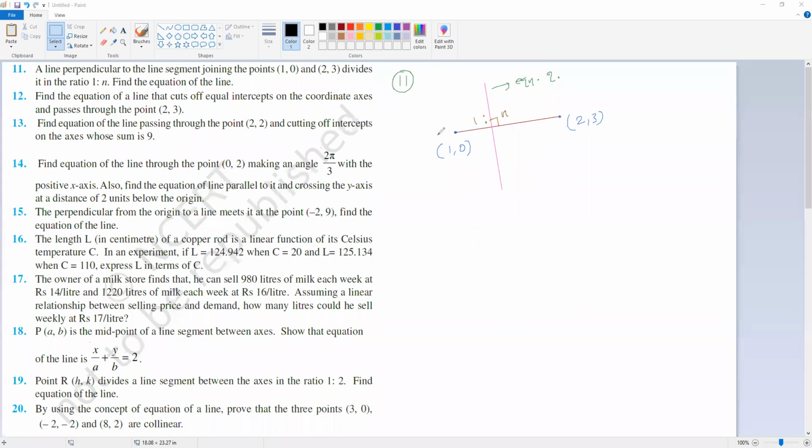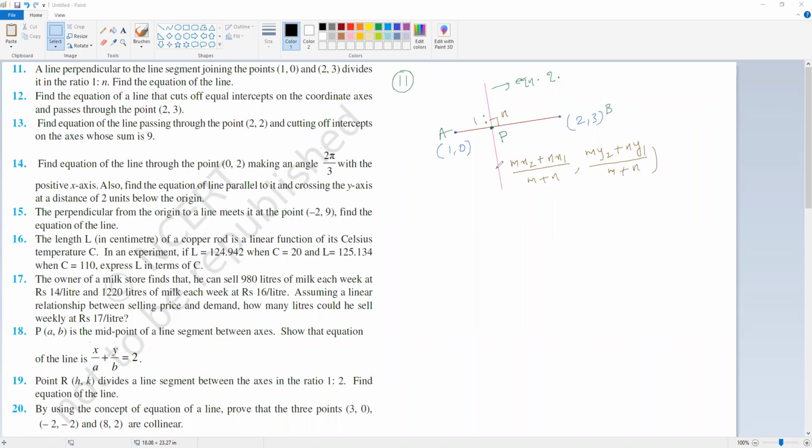First, let us call this point A. This is point B. You can find the point, this one, say let it be P, using the section formula. So the section formula is (mx2 + nx1) divided by (m + n), (my2 + ny1) divided by (m + n).